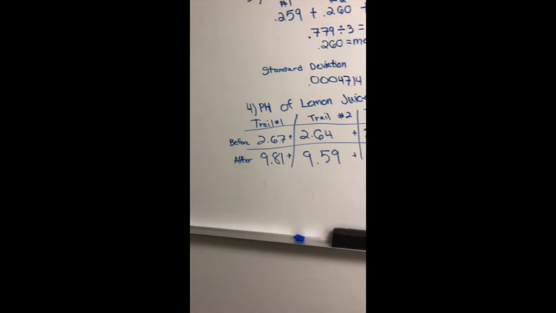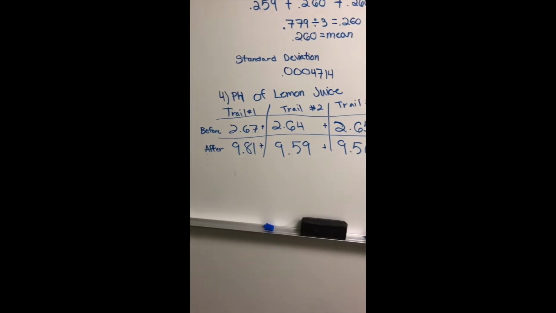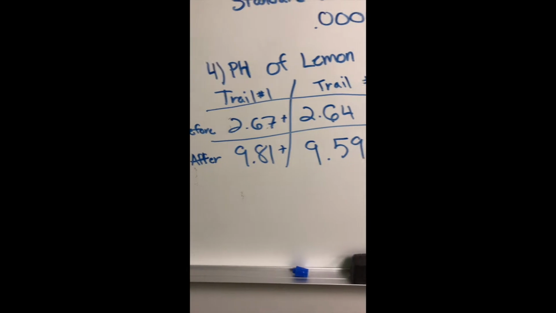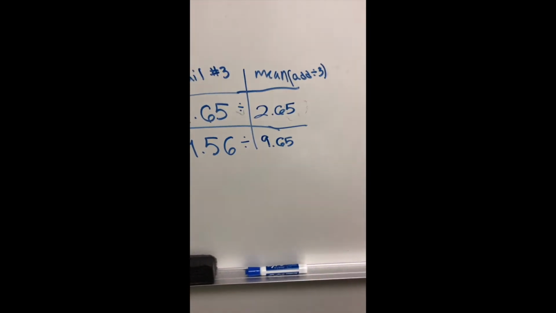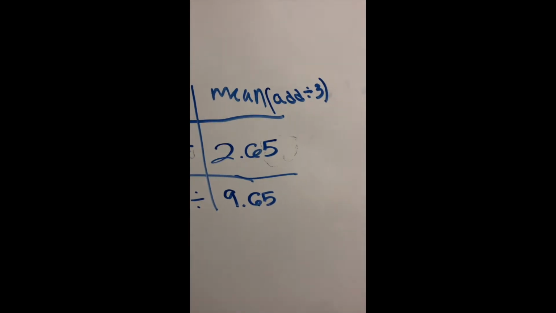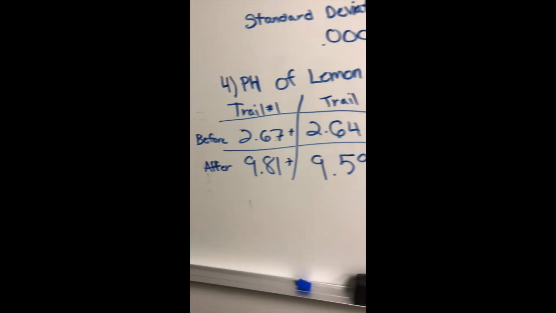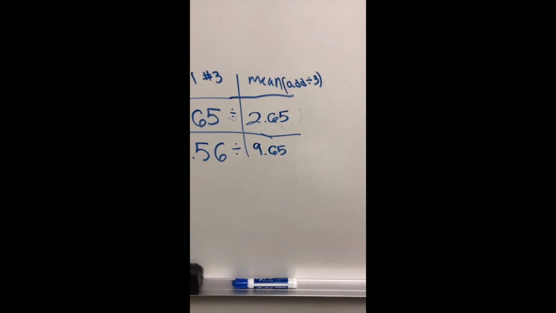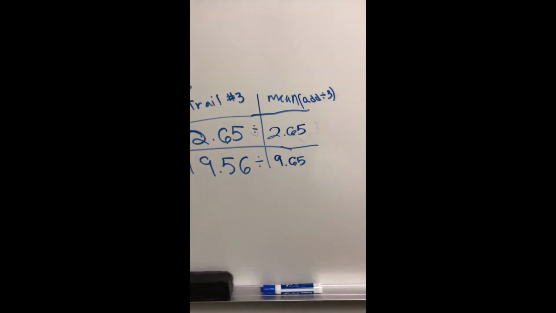And then for question 4, the pH of the lemon juice mean: before, we added up all 3 and divided by 3 to get 2.65, and then after, we added up all 3 of them and divided by 3 again to get 9.65.